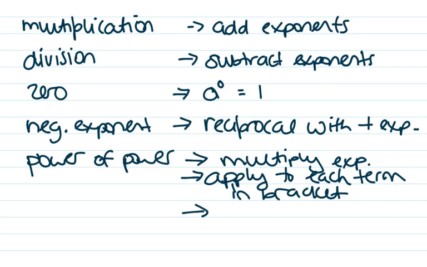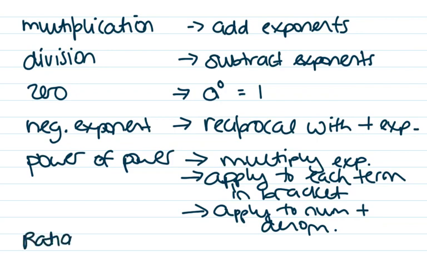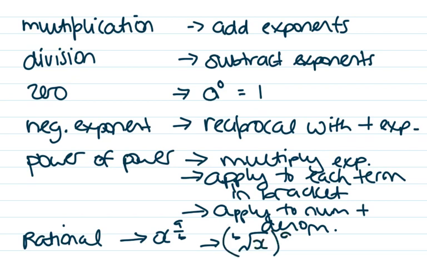And the third one there, where I have a fraction, the exponent is applied to the numerator and the denominator. And then the rational exponent tells me that when I have an exponent that's a fraction, like x to the power of a over b, I will be taking the b root of x, and then putting that all to the power of a.